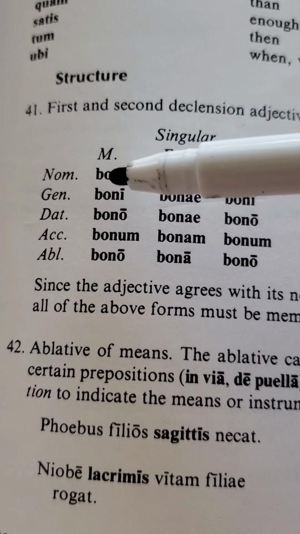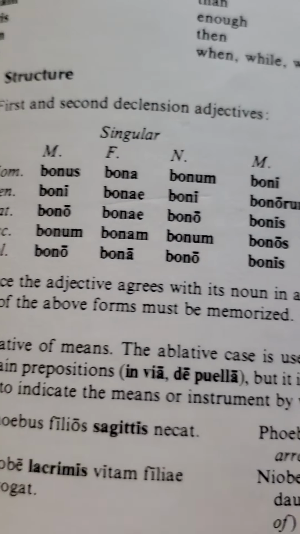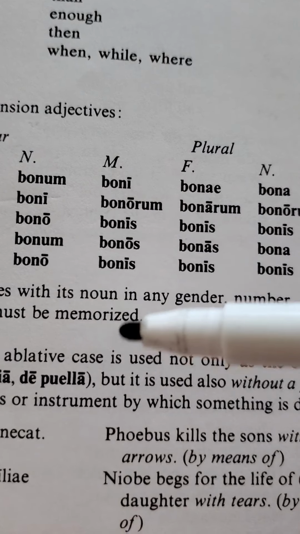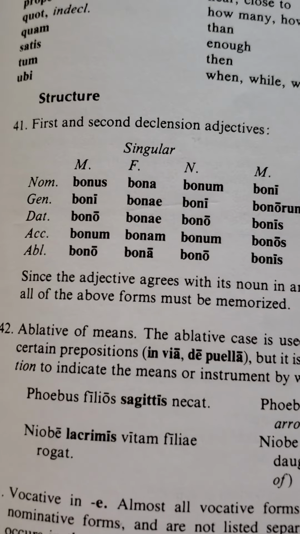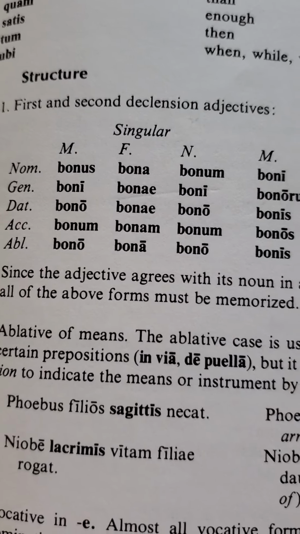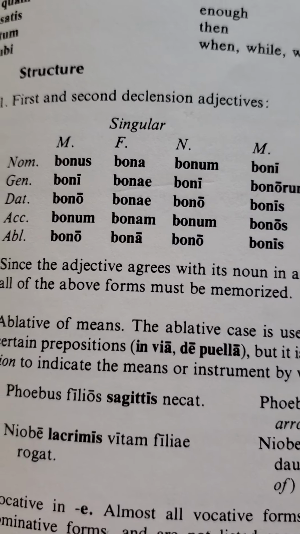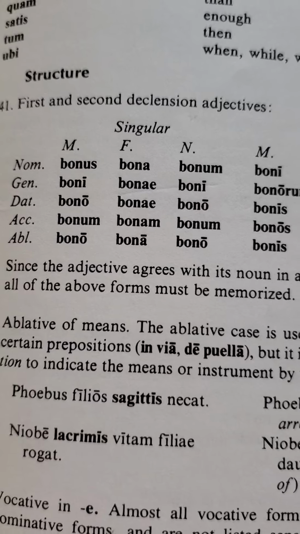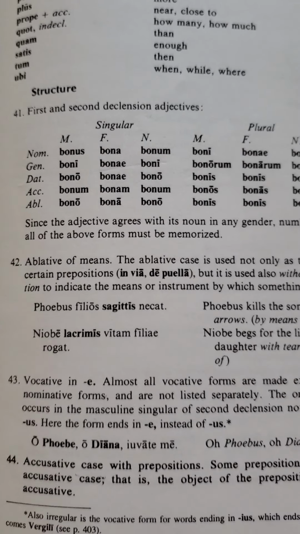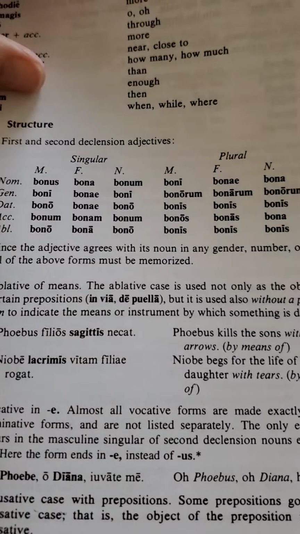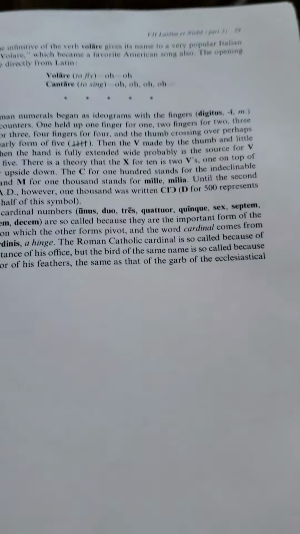So this is second declension, masculine, singular, and plural. And that's what you learned in chapter 6. There's the neuter. And so the adjectives just follow the same pattern. They just match the nouns they modify. So there's really not that much new grammar in chapter 7.